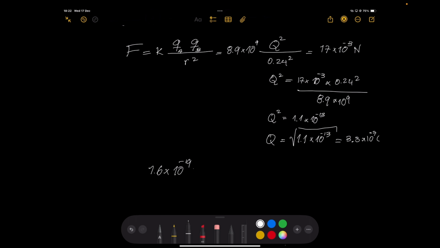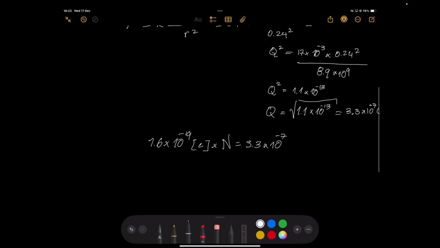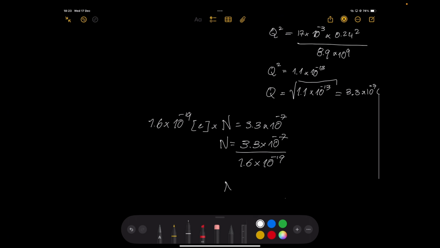So what is the number of electrons that I need to make it 3.3 times 10 to the minus 7? That's basic algebra. And here you got the answer: it is 2 times 10 to the 12 electrons. I'm going to put electrons.